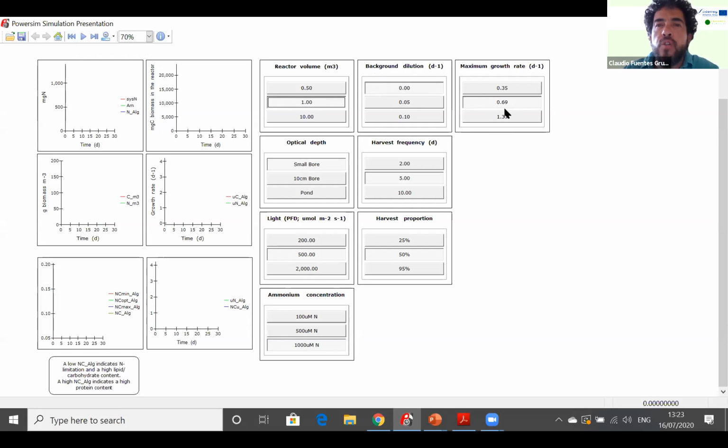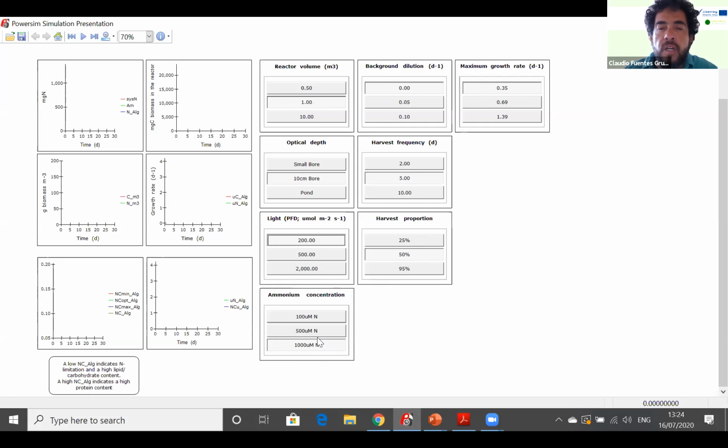We are going to use Porphyridium purpureum, for instance, with a maximum growth rate of 0.35. This is going to be a PBR with a light path of 10 centimeters. We're going to do a harvest frequency of 5 days, and we're going to run this one in Wales. Our harvest proportion is going to be, I would say, 50%.